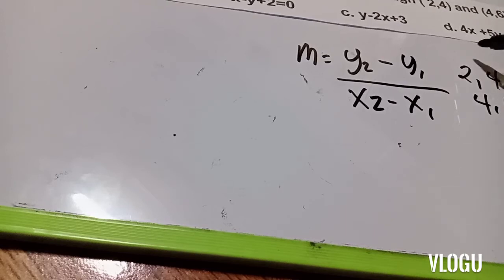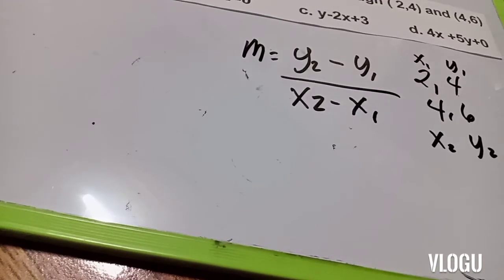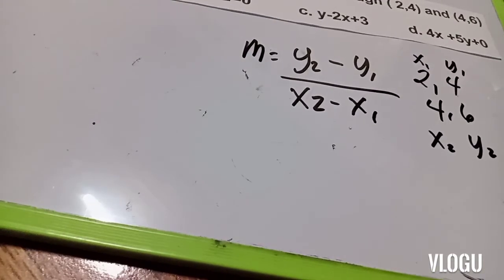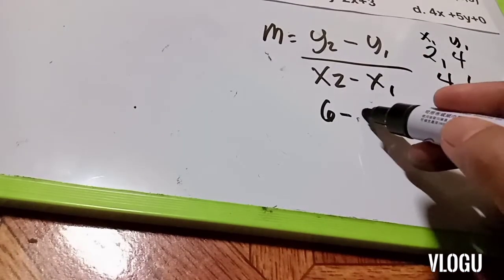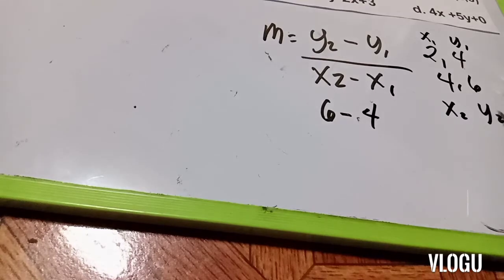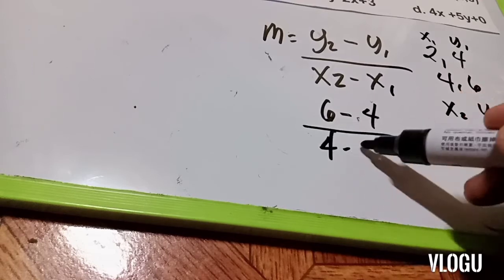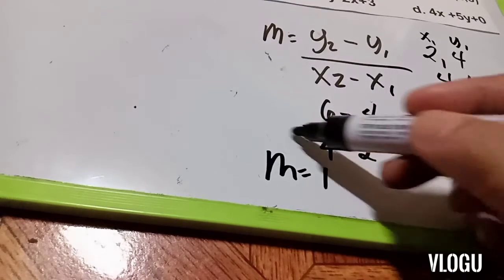Take note, this is x1, y1, x2, y2. So we have 6 minus 4 over 4 minus 2. Our m will become 1.